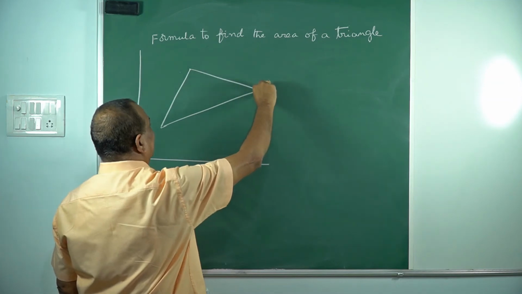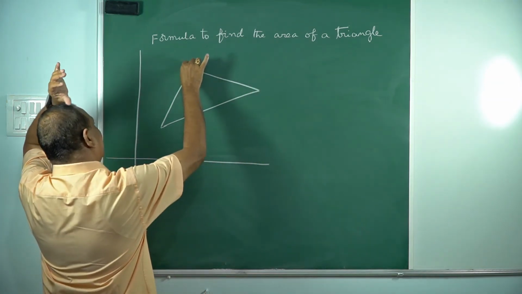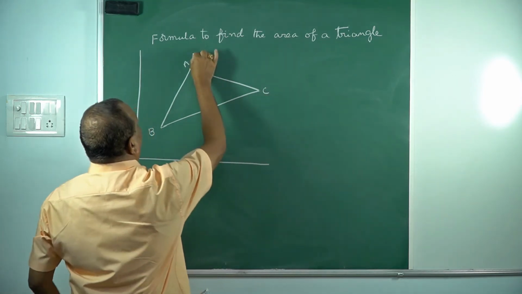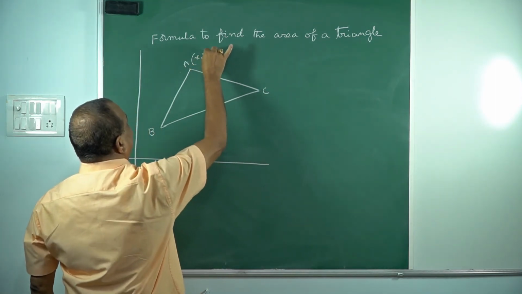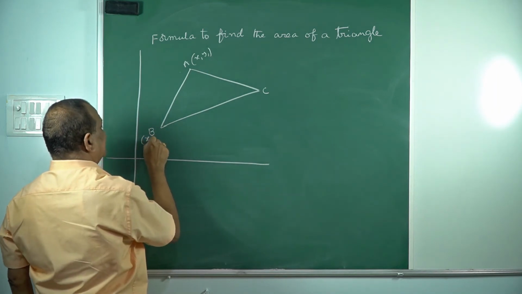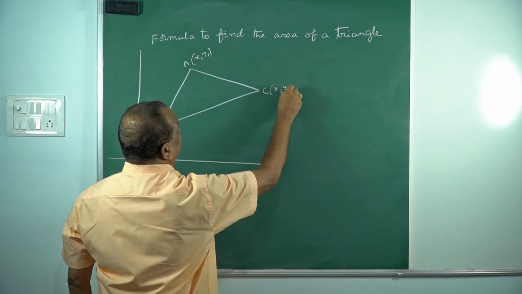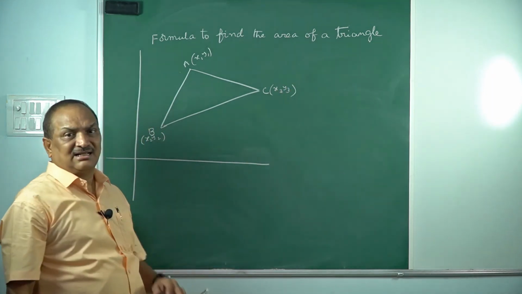I take my vertices A, B and C, arbitrarily chosen. This is A (x1, y1), B (x2, y2), and C is (x3, y3). Three vertices are given to me.